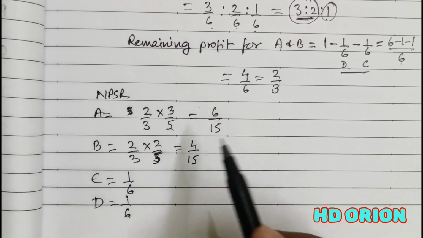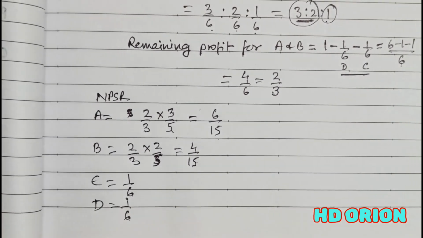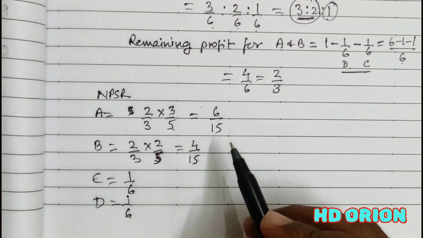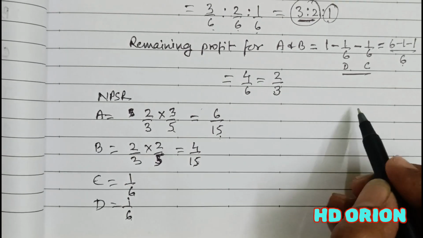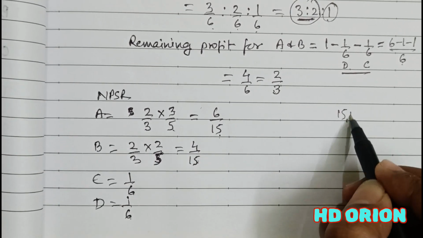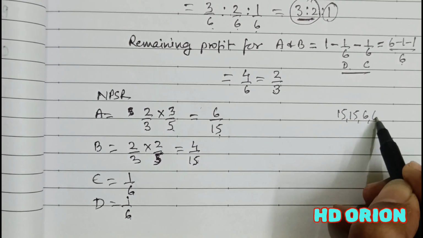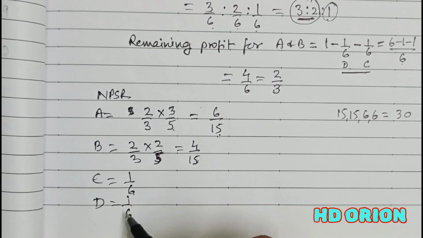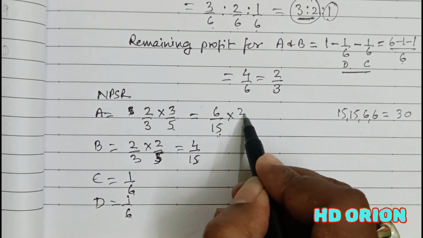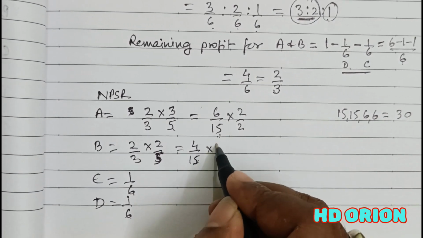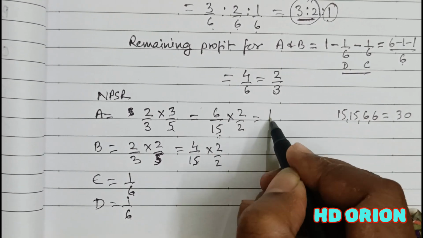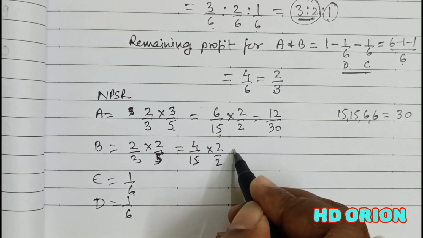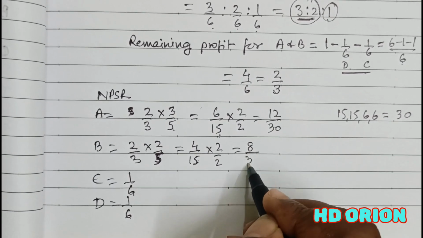So we will take the LCM of 15, 15, 6 and 6. When you take the LCM of 15, 15, 6 and 6, LCM is how much? 30. So we have to convert the denominator into 30. So multiply and divide it by 2. So here it will be 12 by 30. Here it is 8 by 30.